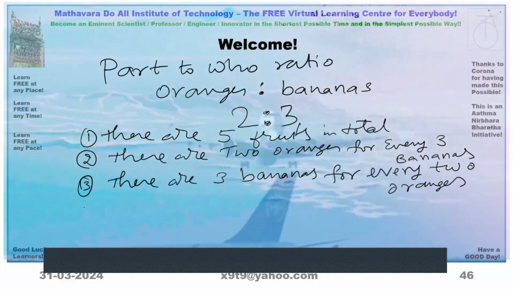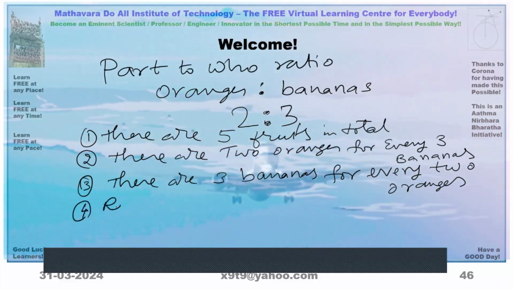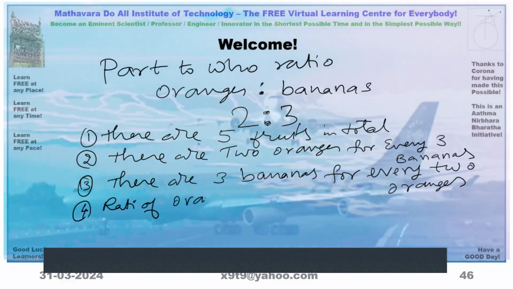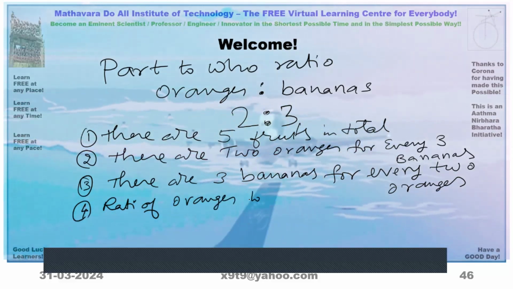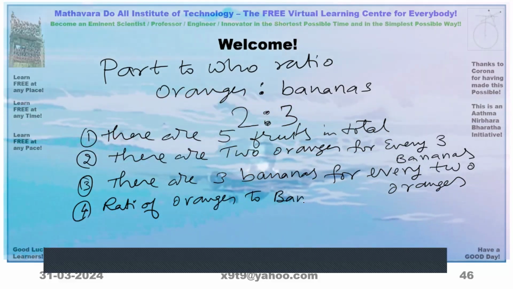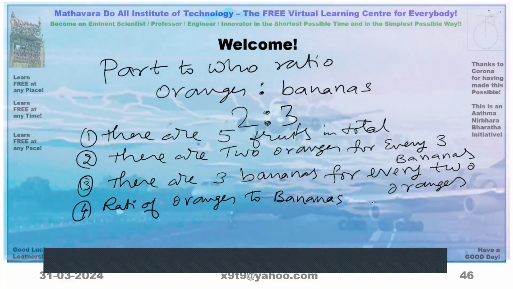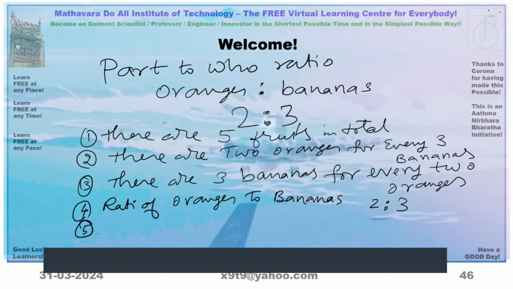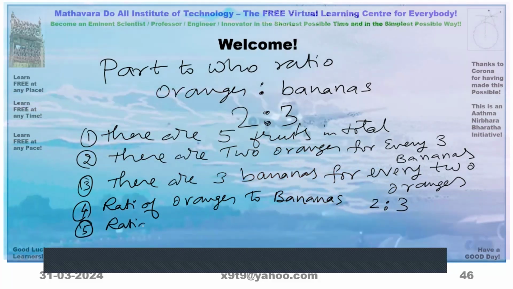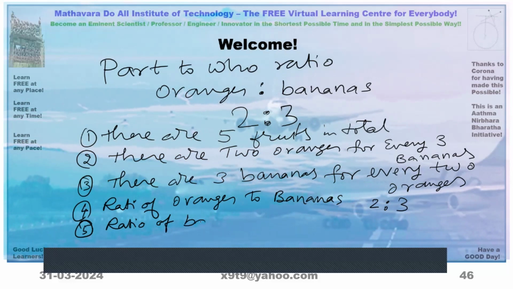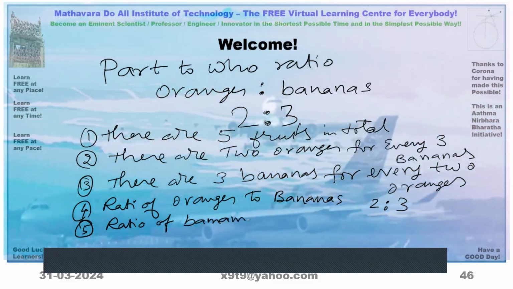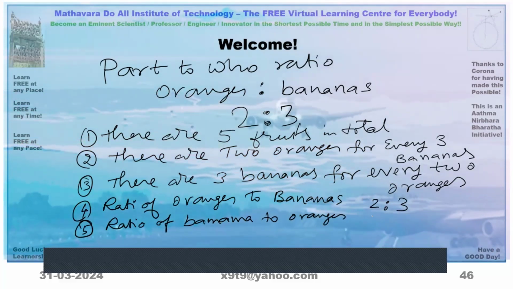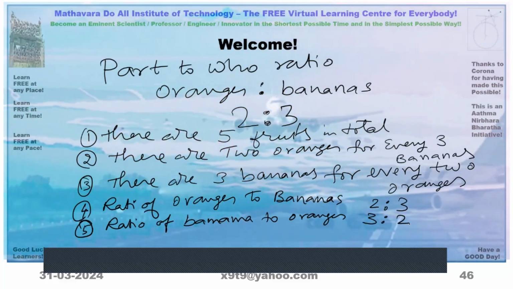Then ratio of oranges to bananas is 2:3. Ratio of bananas to oranges is 3:2.